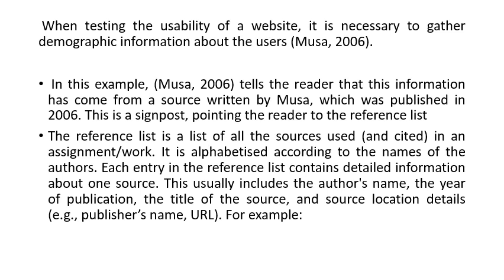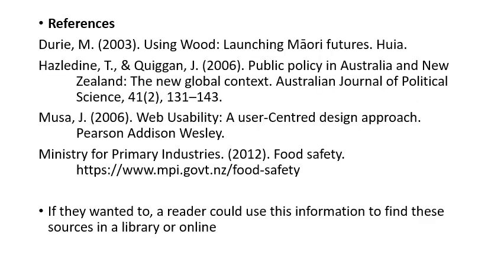For example, now this is an example of the end reference. So we can see Musa J 2006. The title of the book is Web Usability: A User-Centered Design Approach by Pearson Addison Wesley. So this is a reference list with 4 entries. Now, if they wanted, a reader could use this information to find these sources in a library or online, and so on and so forth.